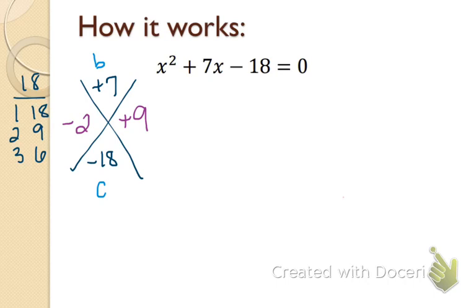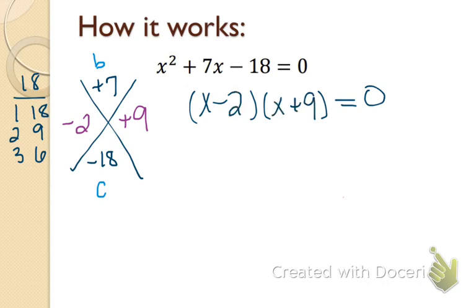So next we set up our binomials. Now remember, because this expression is equal to 0, the binomials are going to be equal to 0. So here we have x minus 2, x plus 9, and again, set each individual binomial equal to 0.